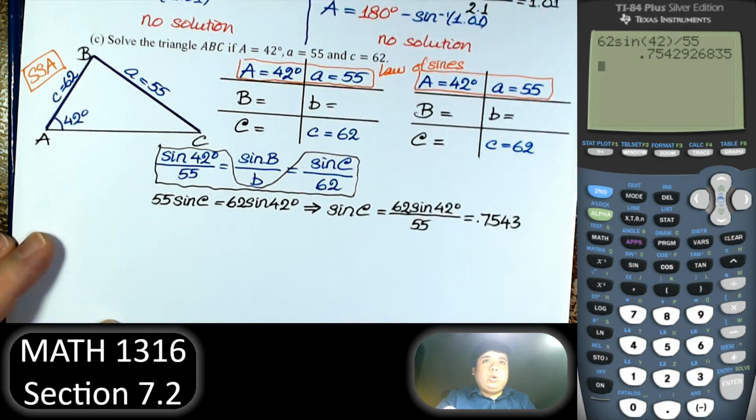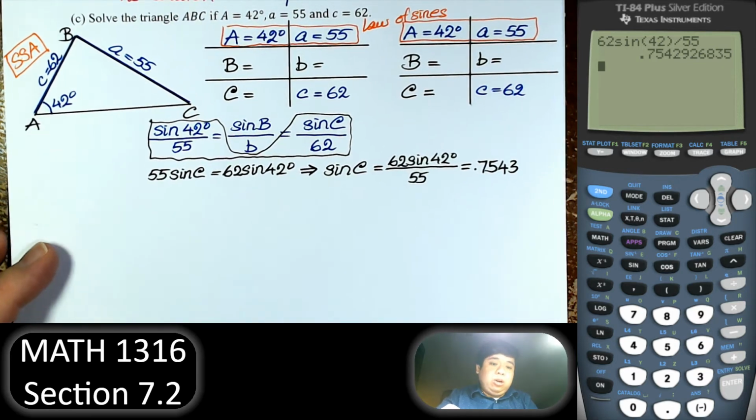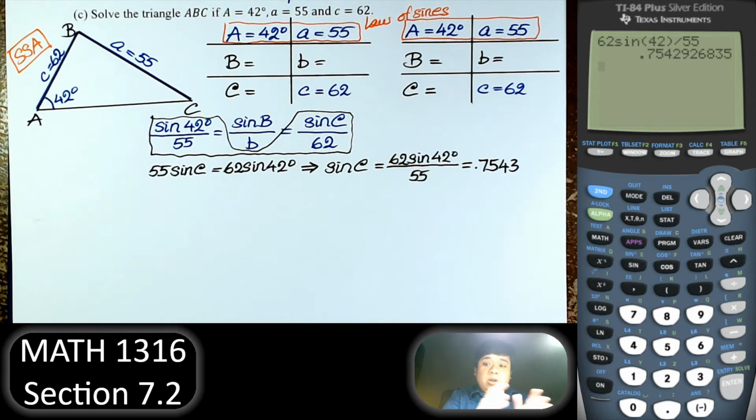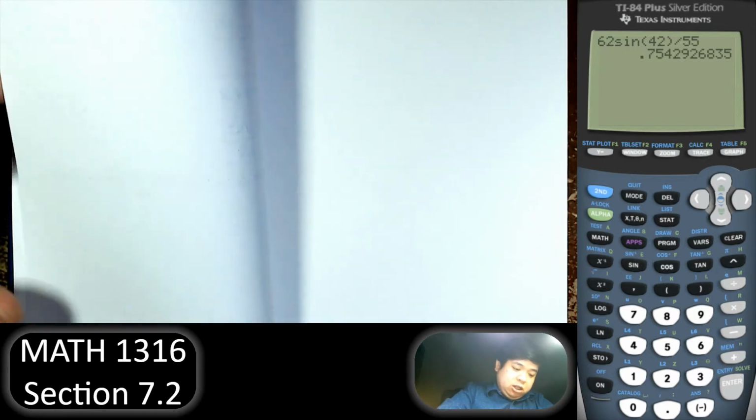Now sine equal to a value, there are two scenarios: either the sine inverse or the supplement to that. So there might be two scenarios here.